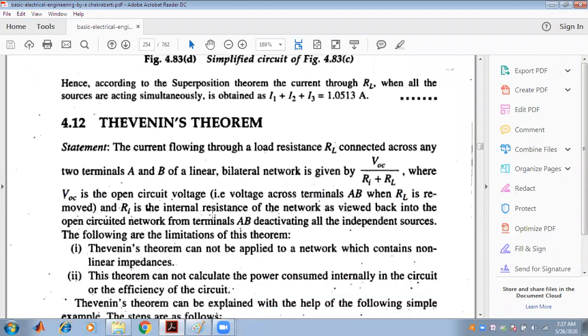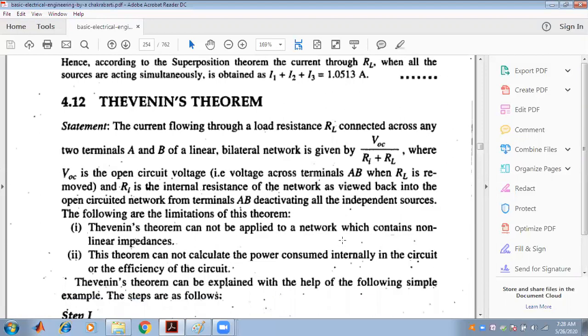According to Thevenin's theorem, the current flowing through a load resistance RL connected across any two terminals A and B of a linear bilateral network is given by VOC divided by Ri plus RL, where VOC is the open circuit voltage, that is, the voltage across the terminals AB when RL is removed, and Ri is the internal resistance of the network as viewed back into the open-circuited network from the terminals AB, deactivating all the independent sources.